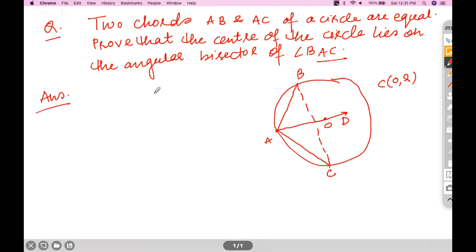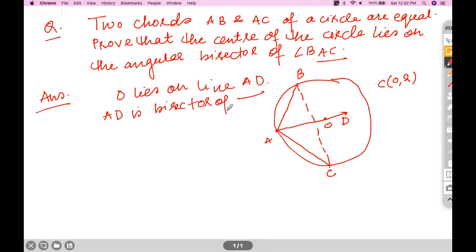Now O lies on line AD. So I have to prove that AD is the bisector of angle BAC. So I know that AB is equal to AC.